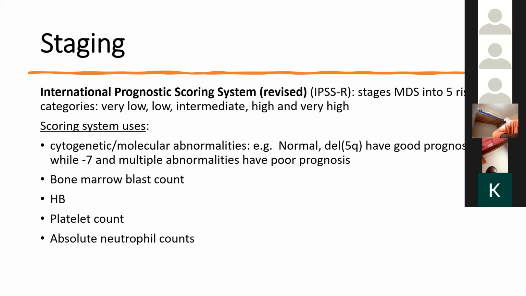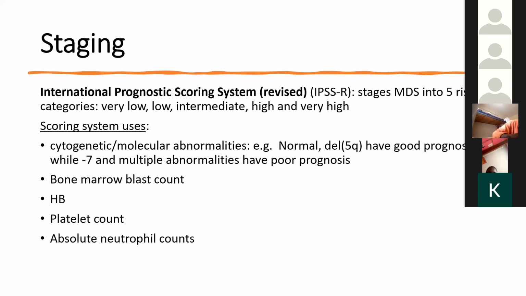Whereas somebody who is missing chromosome 7 or has multiple abnormalities has a poor prognosis. Therefore, when scoring, for normal you give a certain score, and for poor prognosis we give another score.